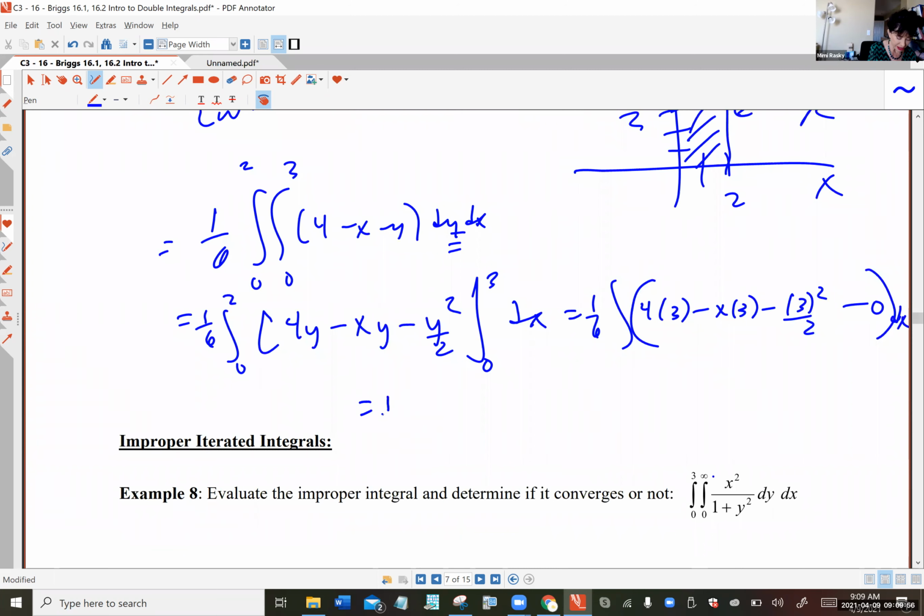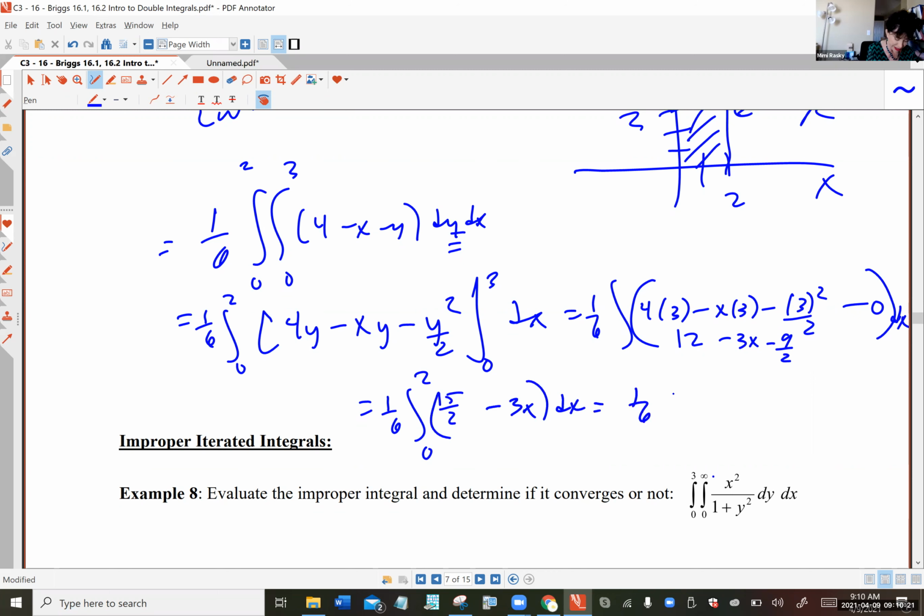And now this has turned into a single integral, which is just a Calc 1 problem. 12 minus 3x minus 9/2. Let's see, 12 minus 9/2 is going to be 15/2. So I'm really integrating 15/2 minus 3x.